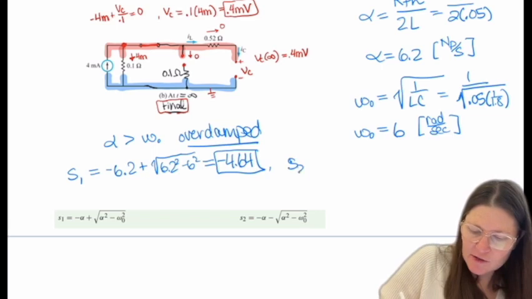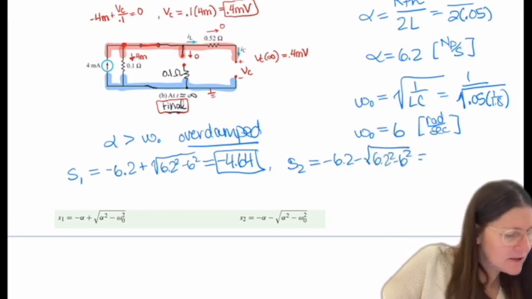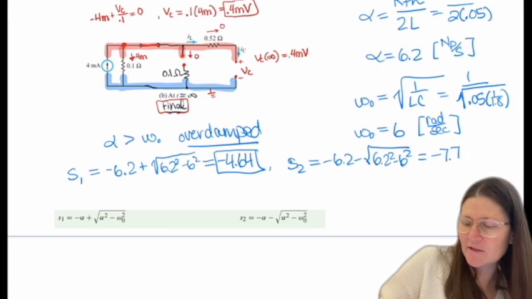And S2 is minus 6.2 minus the square root of 6.2 squared minus 6 squared, to give me a minus 7.76.